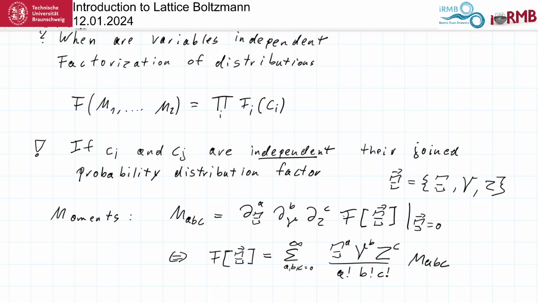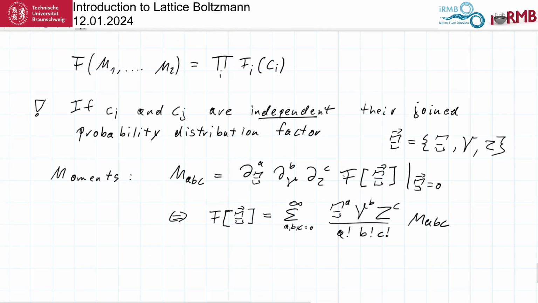So the problem we have here is that these things do not factor. If we want them to factor, we have to do something else. So for independent variables, we call these independent variables Ci.